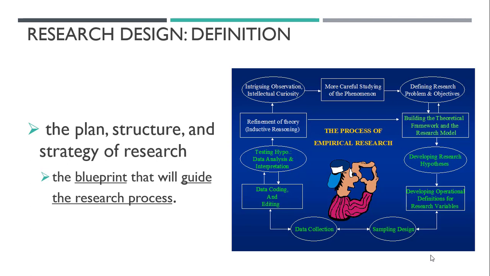So if we look at the process of empirical research or the scientific research, remember from our previous classes, we said it's an iterative process. So you start with careful definition of what you want to study, you define the research problem, you move on to looking at what is in the literature by building the theoretical framework and the research model.